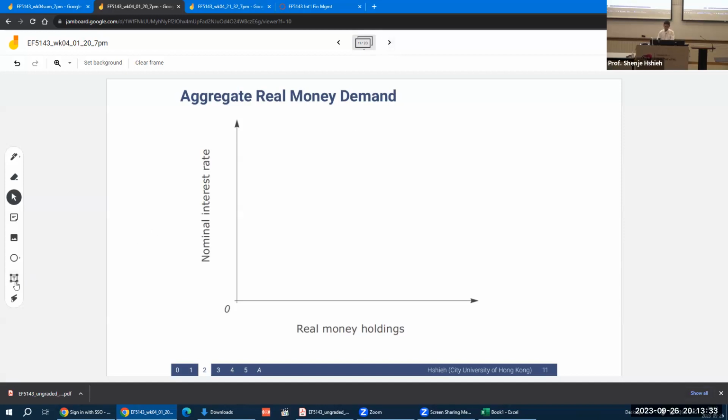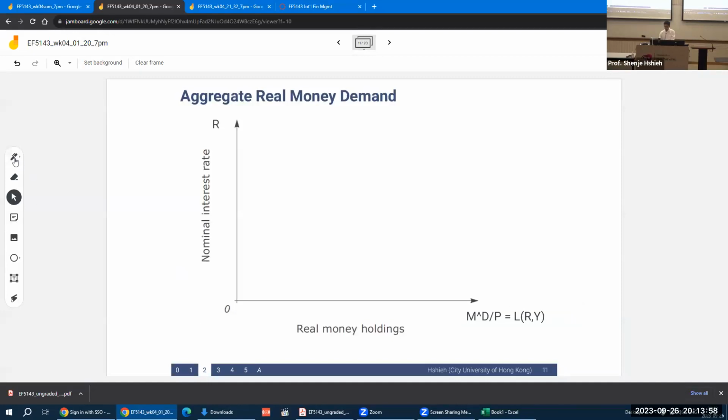So I'm going to put R here, the domestic nominal interest rate, and real money holdings, MD over P, which is equal to what? Liquidity preference, right?